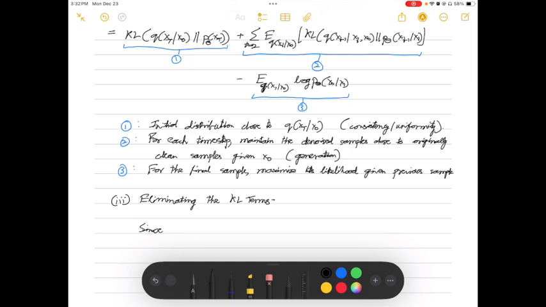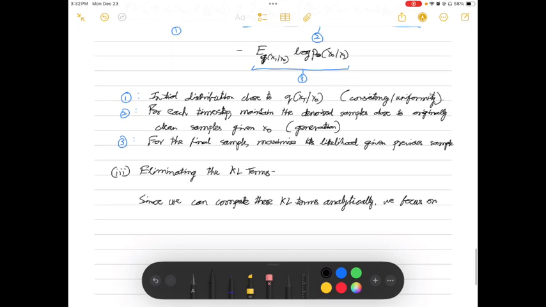So let's write down that since we can compute these KL terms analytically, we focus on one specific term. Let's say we focus on the L_{t-1} term, that is the second to last term.